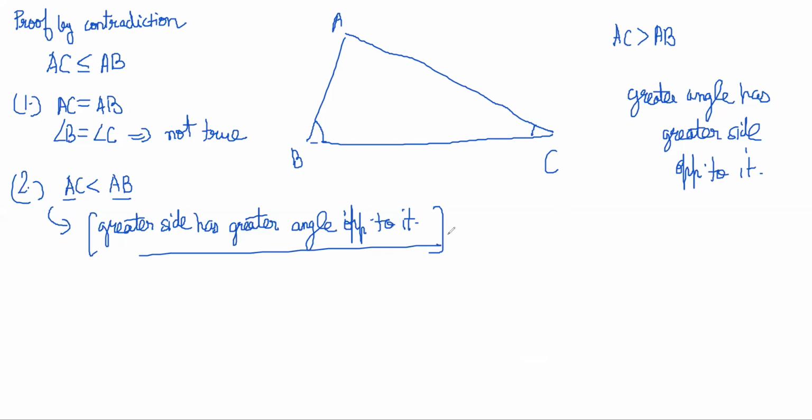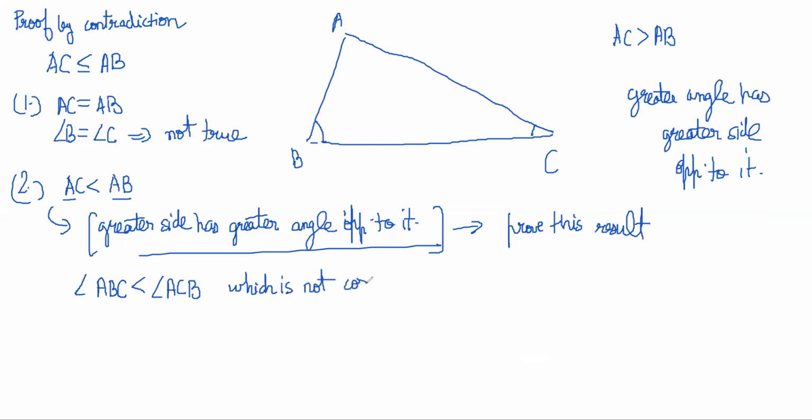So I will have to prove this result eventually. For now, I will just assume that if this result is true, then greater side has greater angle, so we'll get angle ABC is less than angle ACB, which is not correct. If this result is true, then we have got a contradiction.